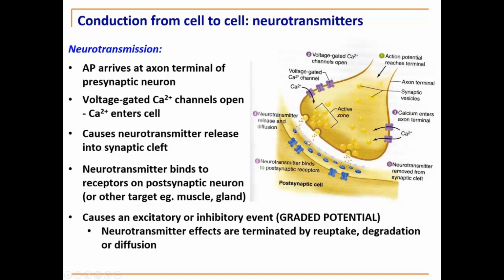And it causes this excitatory or inhibitory event, and that is your graded potential on this next cell. Okay, and then if that signal is strong enough, we get an action potential in the next cell, presuming it's a neuron. But it might not be. It might be a muscle or a gland. And then, like I said, the neurotransmitter effects are terminated by reuptake. They can get taken back up, degradation, or diffusion away.